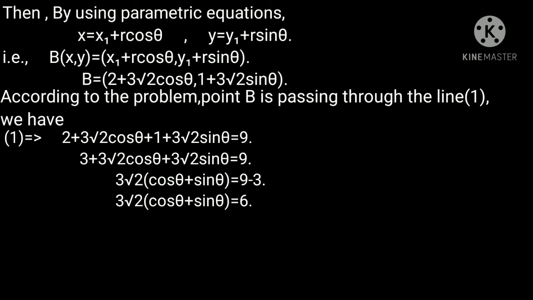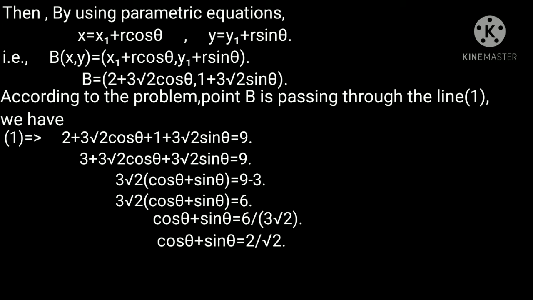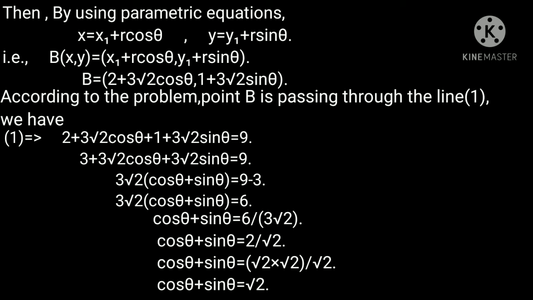From this, 3 root 2 (cos theta plus sin theta) equal to 6. So cos theta plus sin theta equal to 6 by 3 root 2, which is 2 by root 2. After cancellation, cos theta plus sin theta equal to root 2.